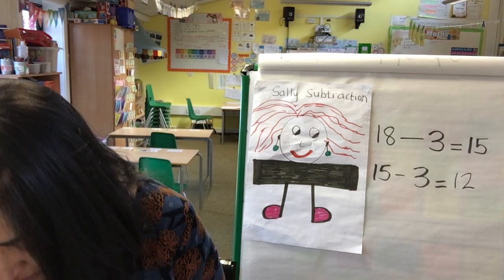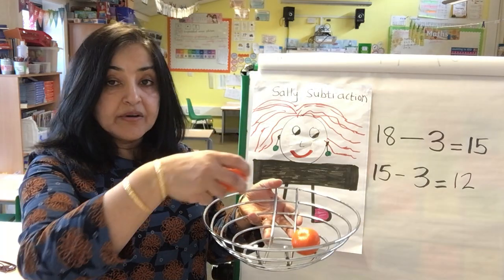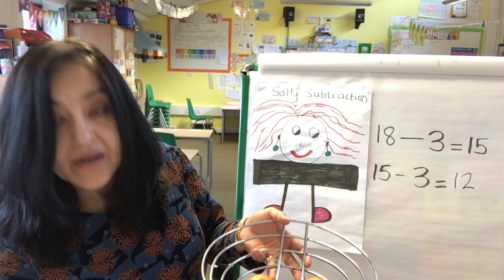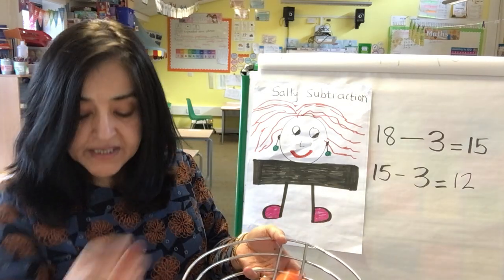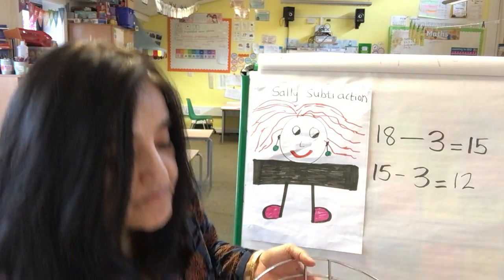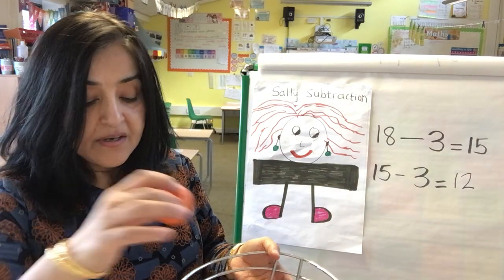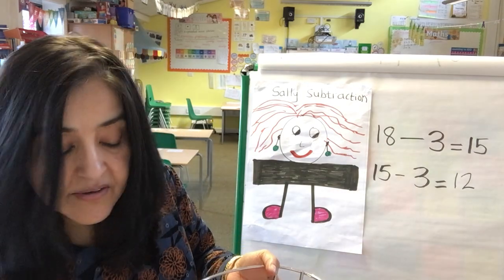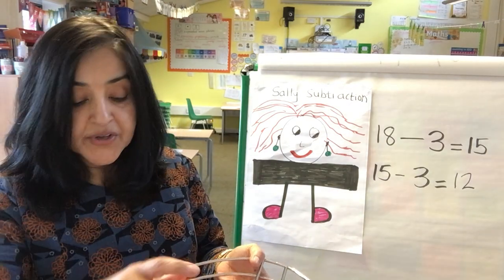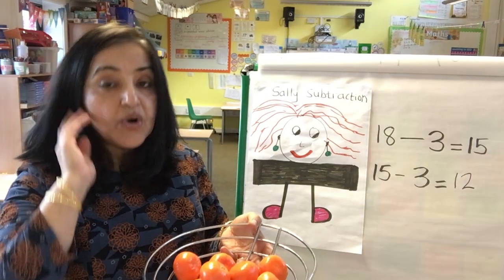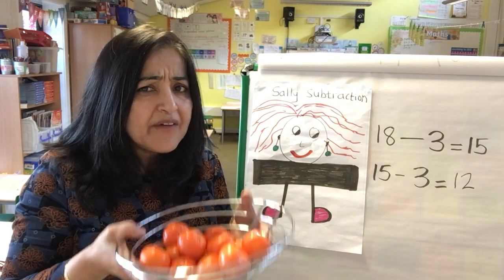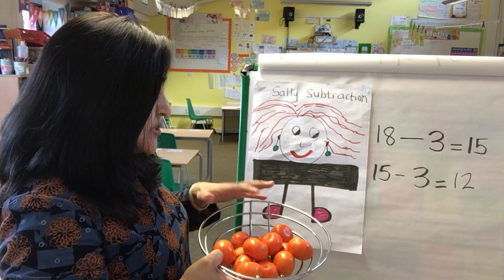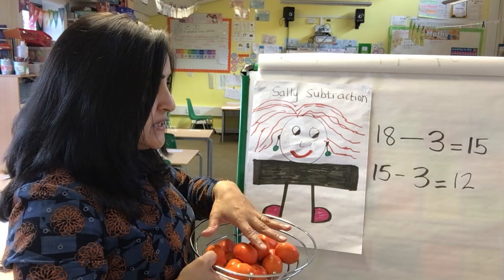Are you ready? 1, 2, 3, 4, 5, 6, 7, 8, 9, 10, 11, 12, 13, 14. How many have I got? 14. So Sally Subtraction, I know there are 14.